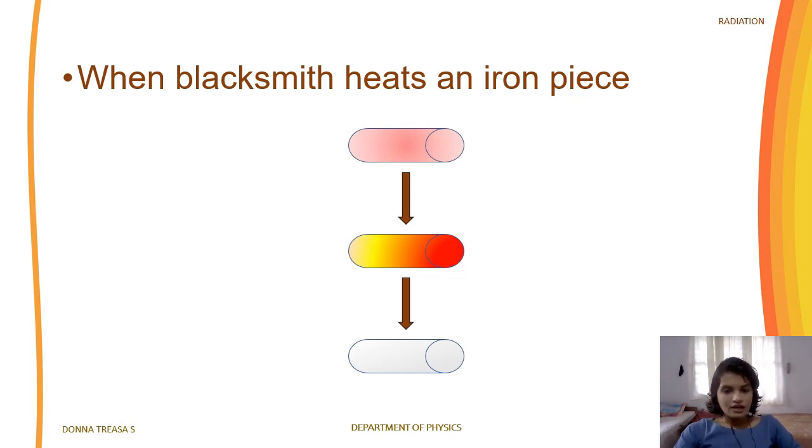And again, if it is heated to a much higher temperature, you can see that this iron piece becomes white in color. So here you can understand that with the change in temperature, there is a change in color associated with the change in wavelength. So I hope you understand the last point which we discussed in the previous slide.